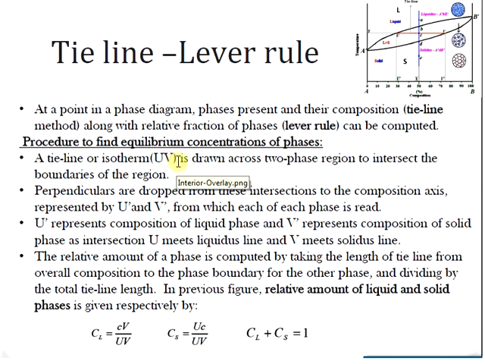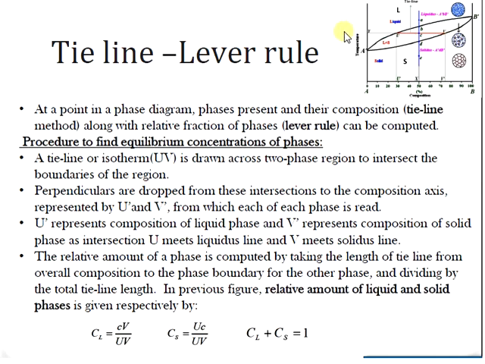First we draw the horizontal line, that is UV, that is called the tie line, that is parallel to the x-axis, and then we draw perpendiculars from these points to the composition axis, and those two points we mark as U dash and V dash, where U dash represents the composition of liquid phase and V dash represents the composition of solid phase, as U meets the liquidus and V meets the solidus line.